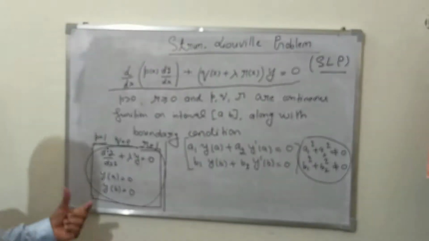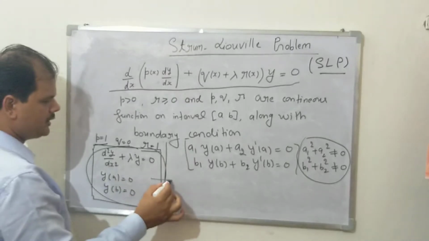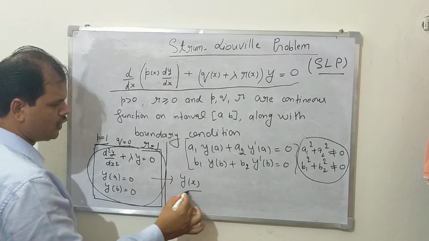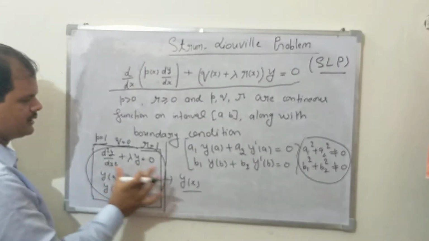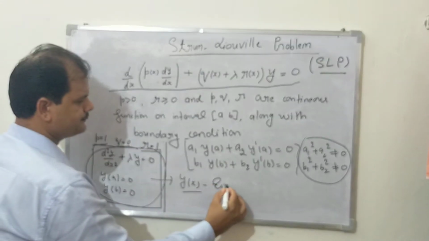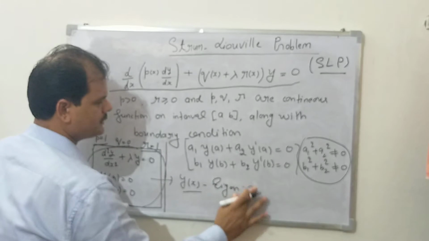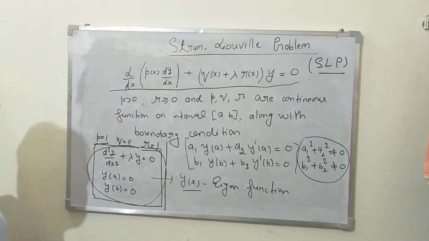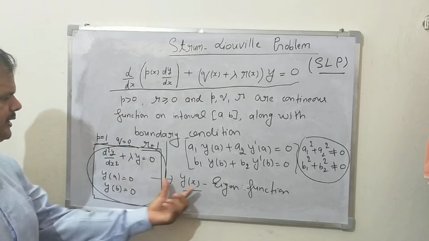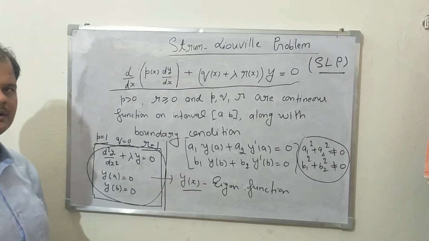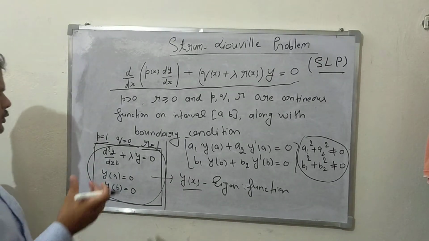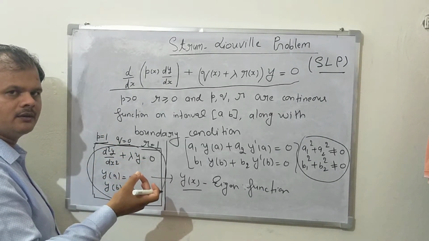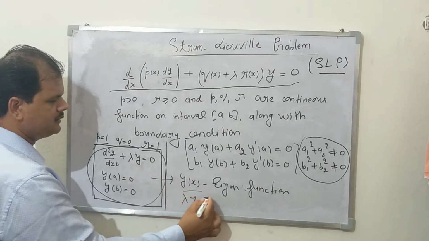Now if you talk about the solution, the non-zero solution y(x) of this equation is called an eigenfunction, and the corresponding value of lambda at which we get the non-zero solution is called the eigenvalue.